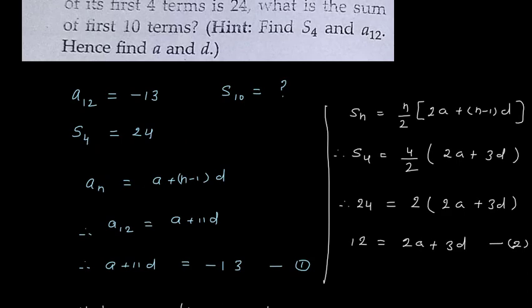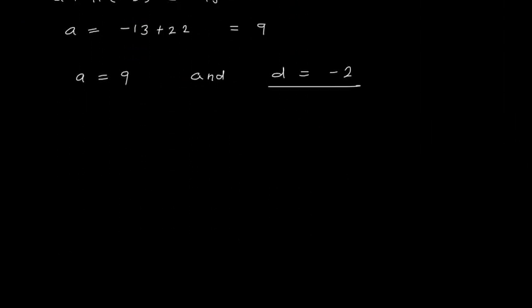Then we have to find S10. So now S10 is equal to 10 divided by 2 into 2a plus 10 minus 1, that is 9d.